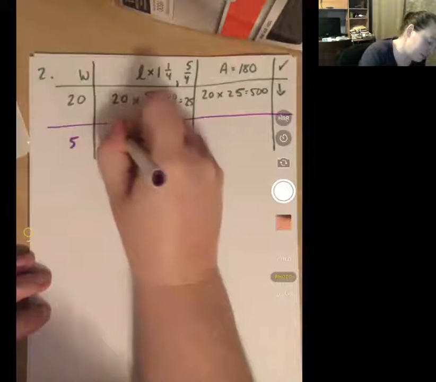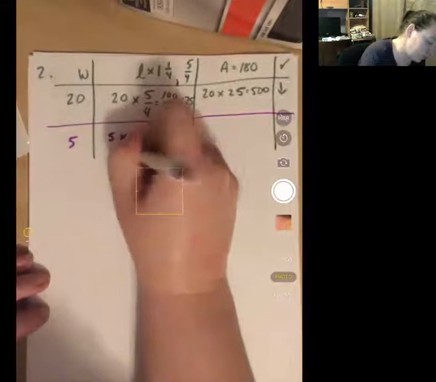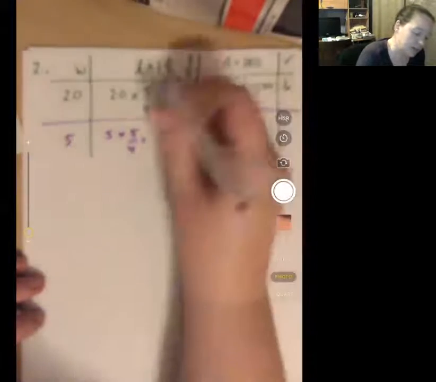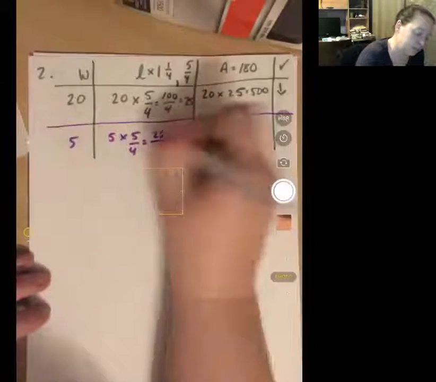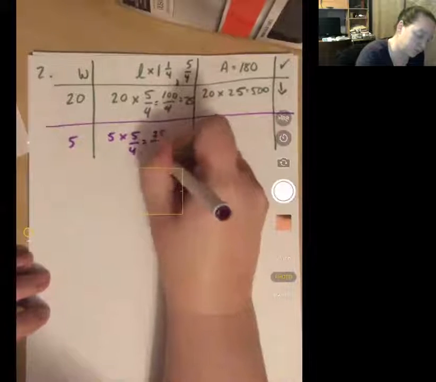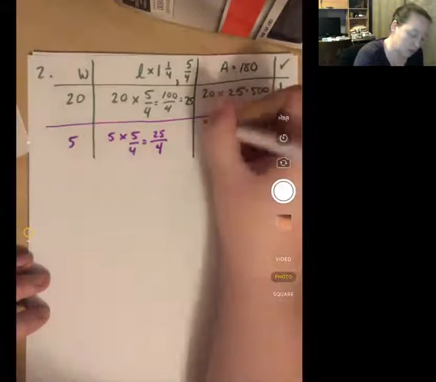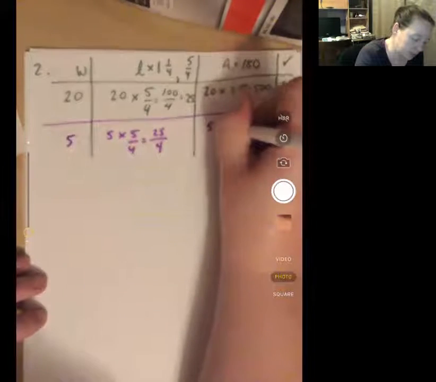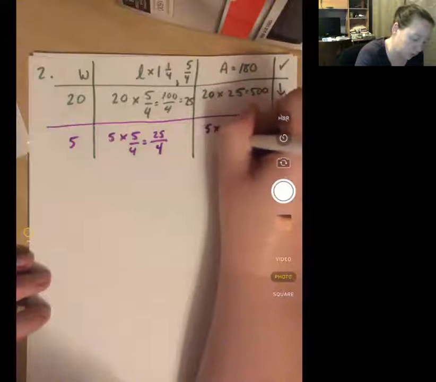So I now have 5 times 5/4, which is 5 times 5, which is 25 over 4. Then I'm going to multiply over here, 5 times 25 over 4.